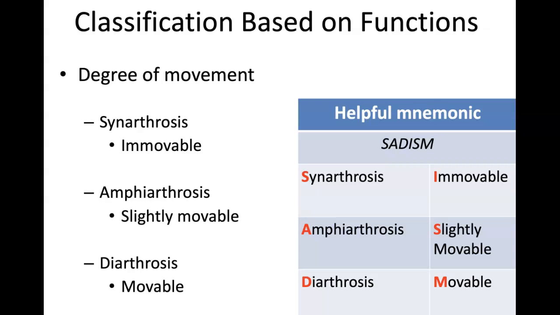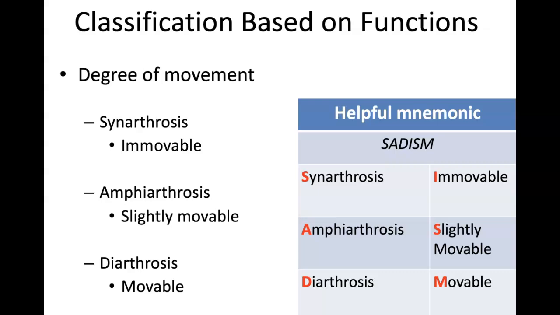Our second one is amphiarthrotic or amphiarthrosis. Those are our slightly movable joints. For example, the pubic symphysis. Oftentimes, yes, they do have cartilage, but we are not focusing on structure, we're focusing on function. So they're going to be slightly movable, these amphiarthrotic joints.